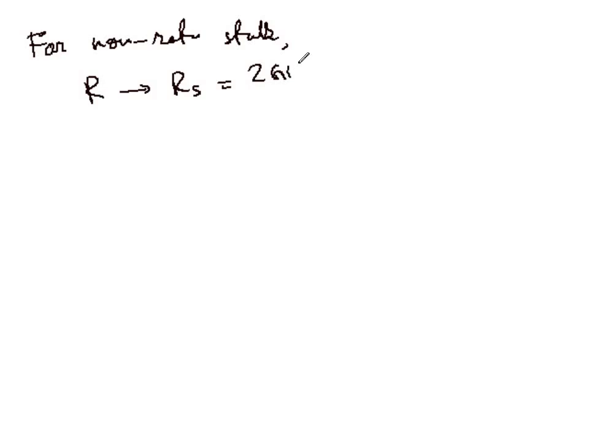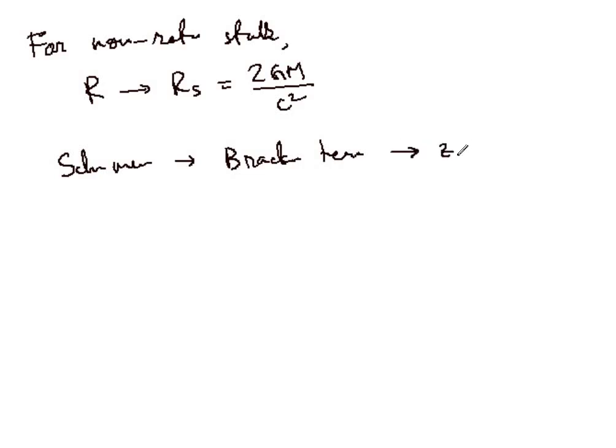For a non-rotating star, when the star's surface radial coordinate collapses to Rs equal to 2GM by c squared, which is basically the Schwarzschild radius, then in the Schwarzschild metric the bracketed terms go to 0, and the resulting behavior is very different.